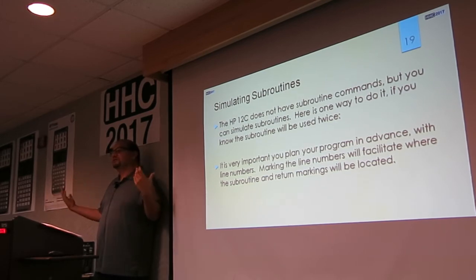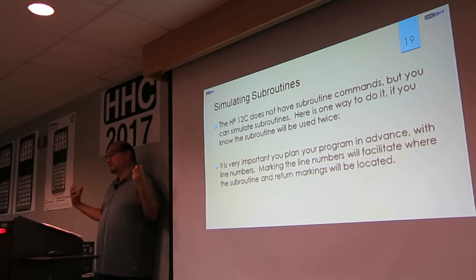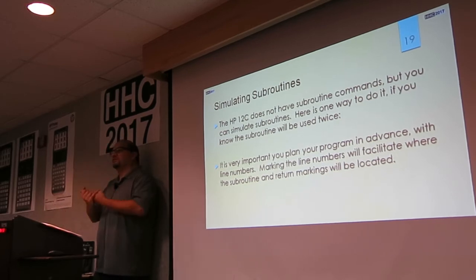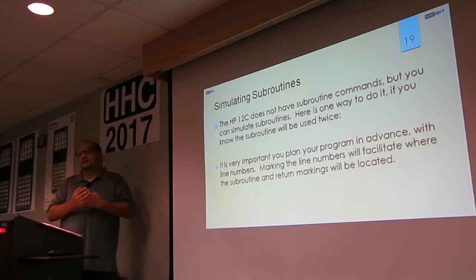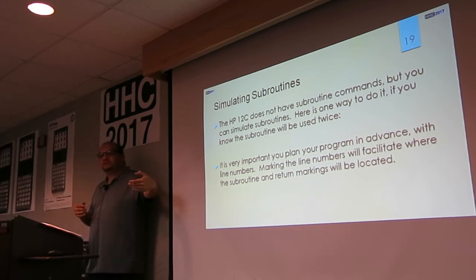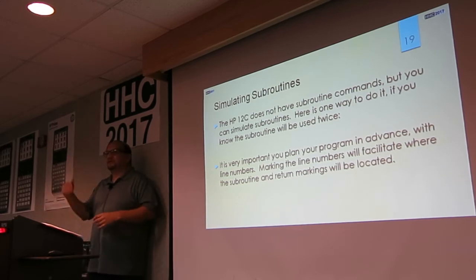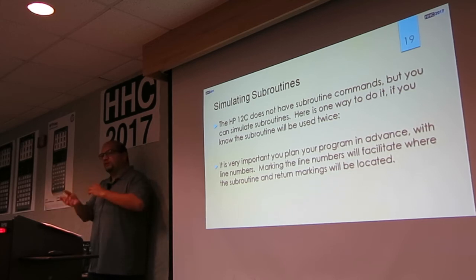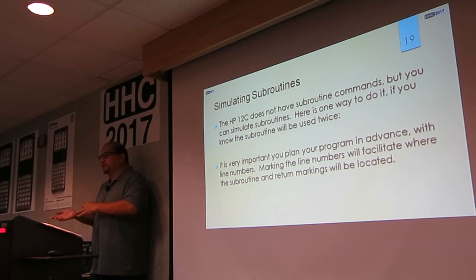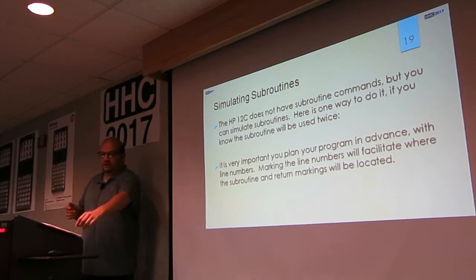If you're going to use the same calculation maybe 3 times, you start with a flag variable of 2. Each time the subroutine is used, that flag variable gets knocked down by 1, and then you use that flag variable to determine where to point your program.